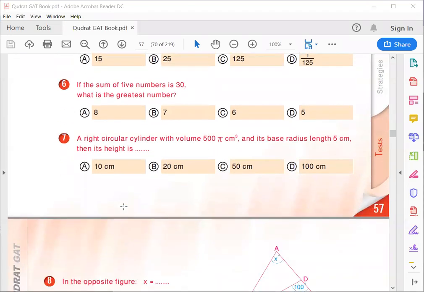Now question six. If the sum of 5 numbers is 30, what is the greatest number?